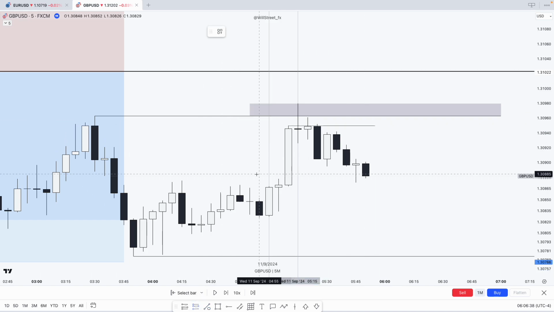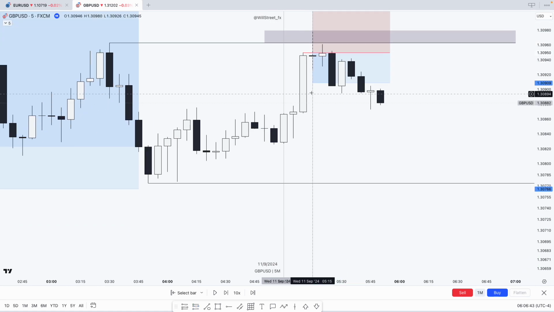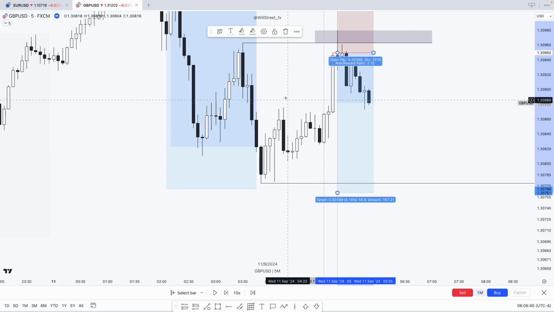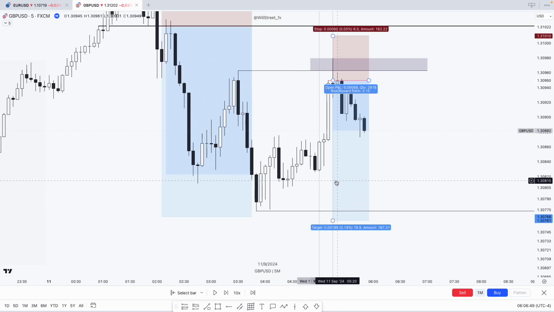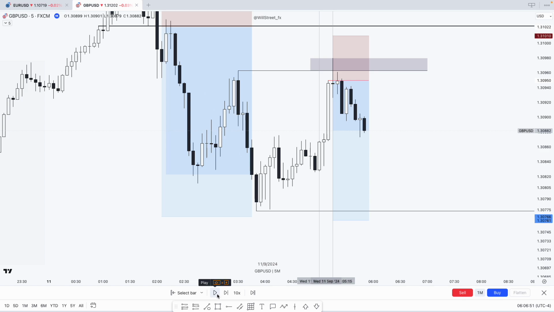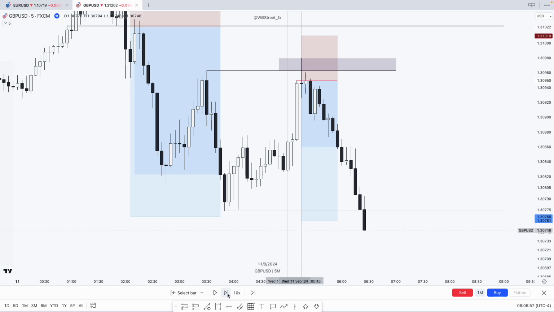So a good entry point to go short could be this one, and your exit is exactly the same as this short here, which is the new 5 a.m. lower low. In this case it doesn't happen, as I said, at 5 a.m. It happens at the next candle at 6 and 25 minutes. So here is your exit.